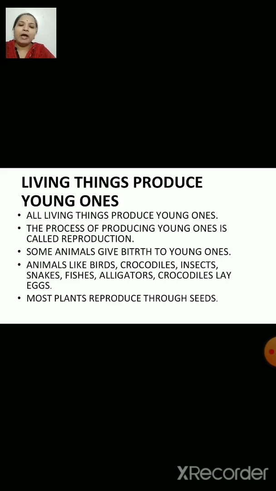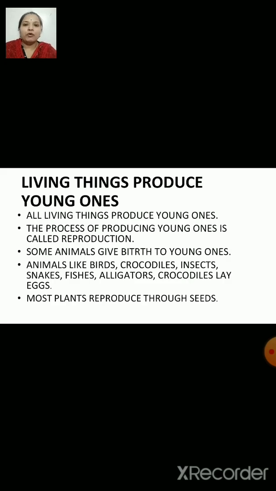Now, some animals like birds, crocodiles, insects, snakes, fish, alligators lay eggs, and some animals like elephants, rabbits, monkeys, human beings, goats, cows.